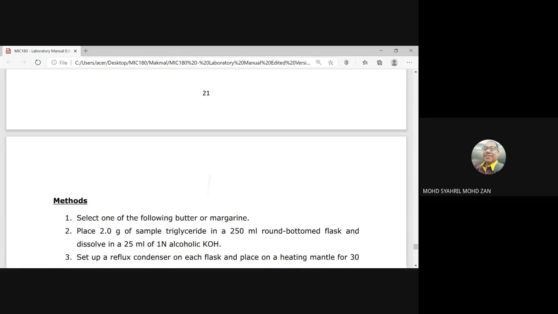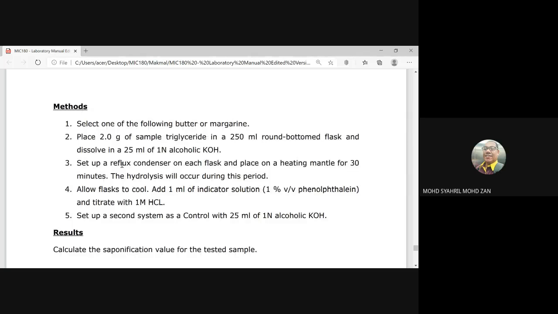Quickly, we go for the methods. Number 1, select one of the following, butter or margarine. What's the difference between butter and margarine? Butter mostly comes from animals, while margarine mostly comes from plants. Place 2 gram of sample triglyceride, so now you have W, in a 250 ml round bottom flask. In the round bottom flask we can fill up to 250 ml.